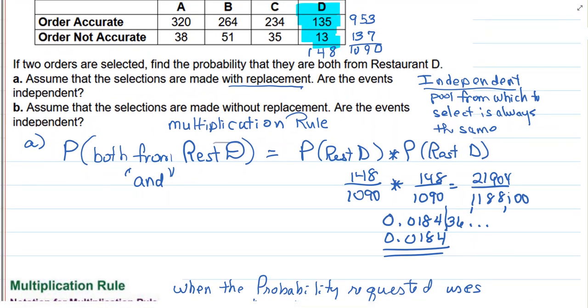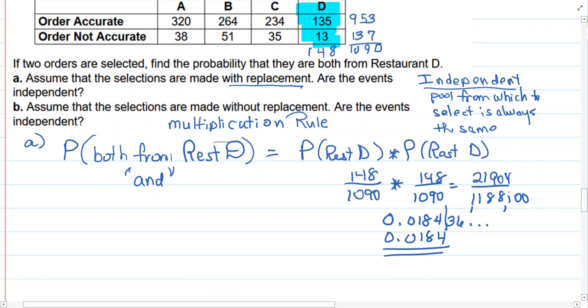So let's look at the B question of this problem. The B asks, assume that the selections are made without replacement. Now they are dependent events, and I can demonstrate what that implies.